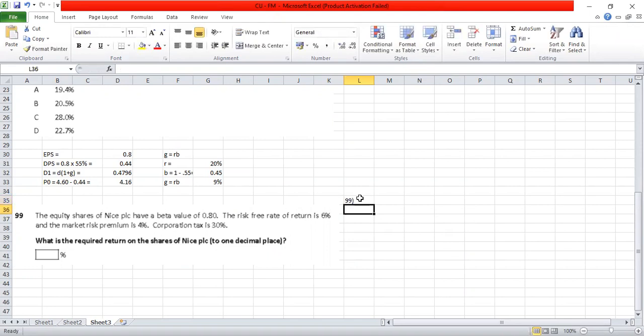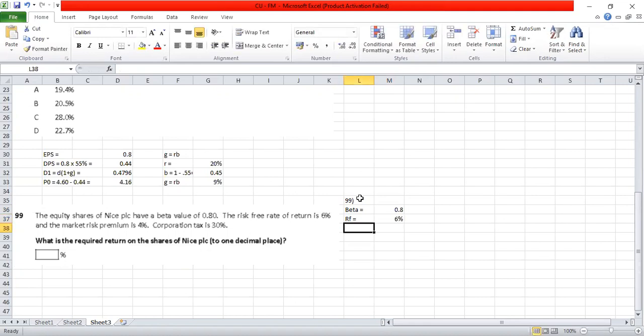The equity shares of NICE PLC have a beta value of 0.80. So beta is equal to 0.80. Then risk-free return is equal to 6%.